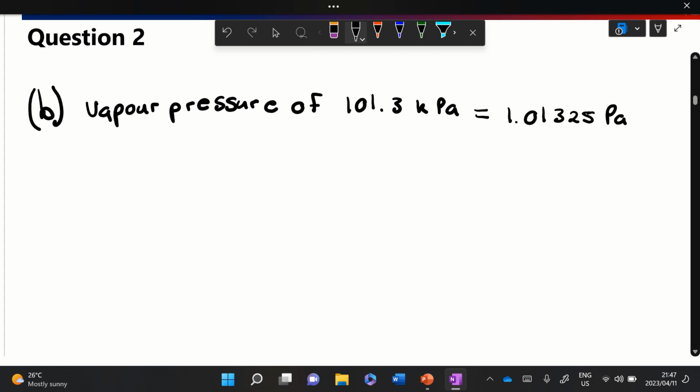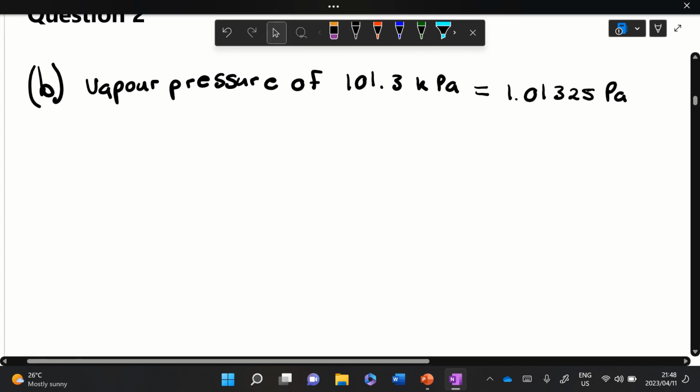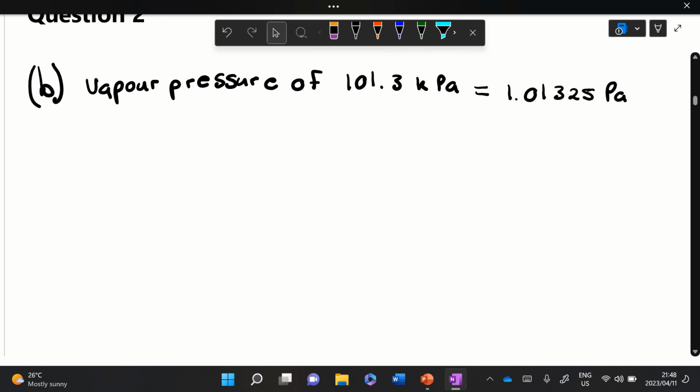Okay, and now as we saw in the previous tutorial question, we can do nearly anything we want. You can either plug into the Clausius-Clapeyron equation, you can calculate step by step, you can calculate the temperature, or you can rewrite the Clausius-Clapeyron equation and isolate one of the temperatures and calculate it from there.